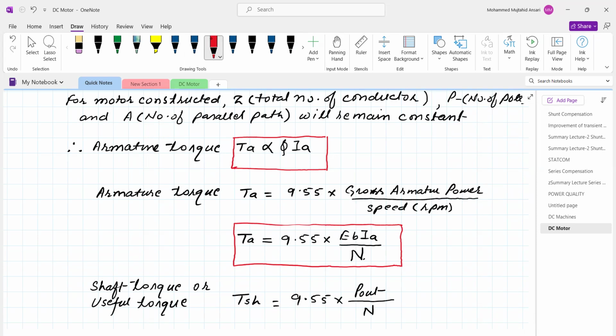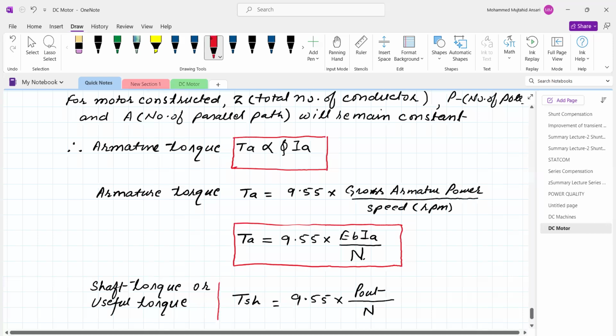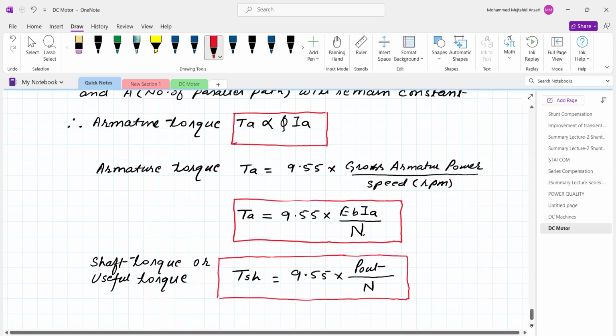Either it may be the gross mechanical power developed, TA, and the shaft power output. The difference of these two is the torque loss due to iron and frictional losses.